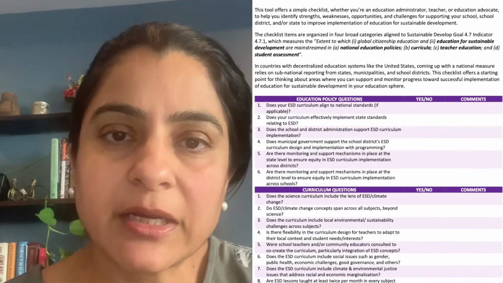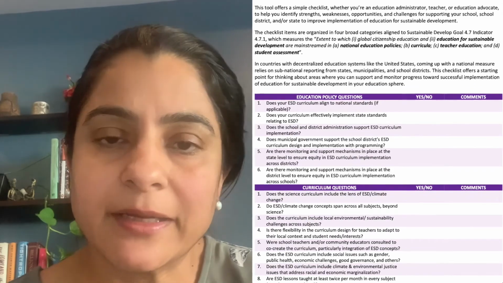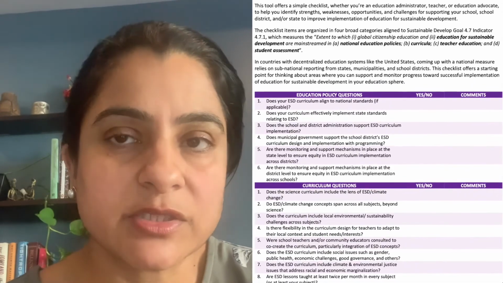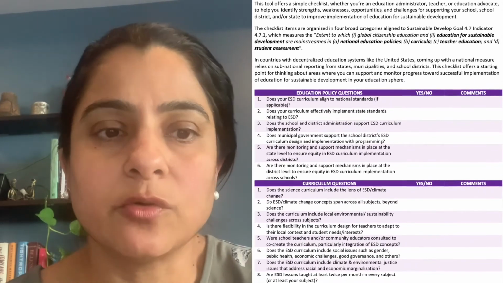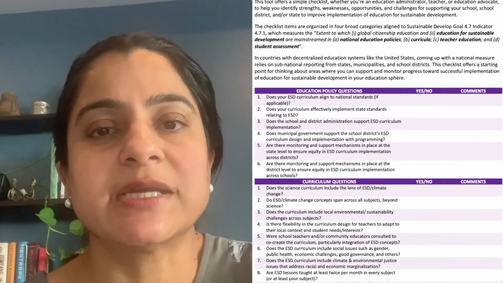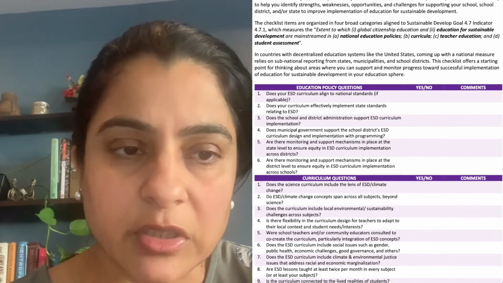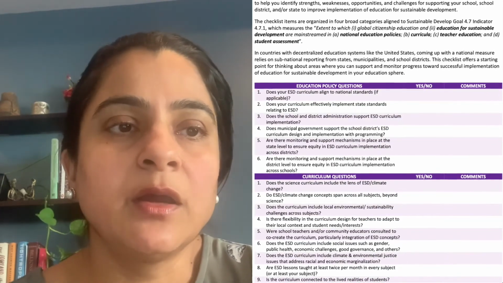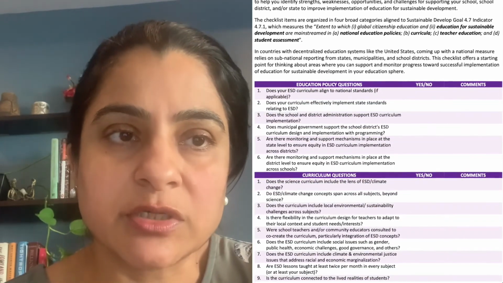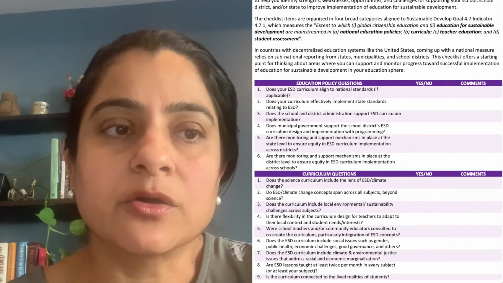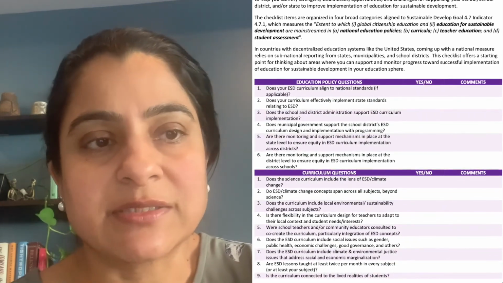Maybe make a checklist of some sort, maybe have 10 items listed based on your priorities or those of any stakeholder that's interested in understanding how SDG 4.7 could be integrated into the curriculum. So some examples are: does climate change education span across all subjects, or is it treated as a separate subject?